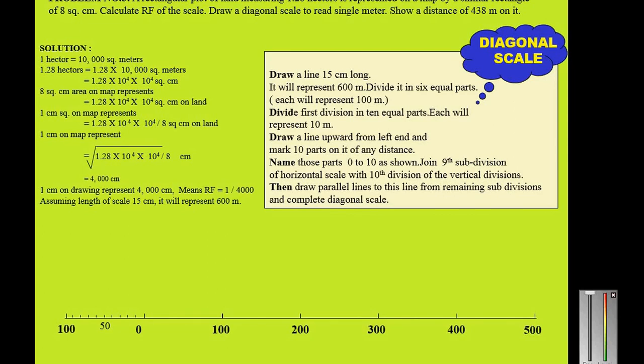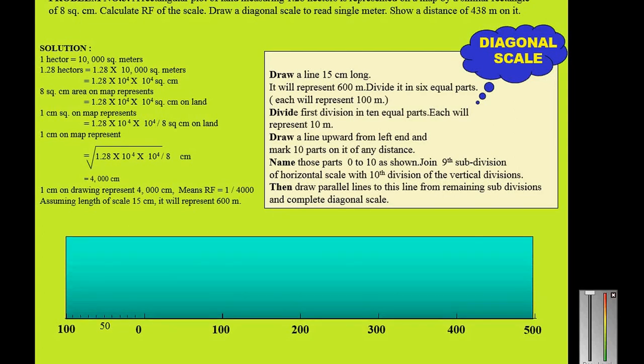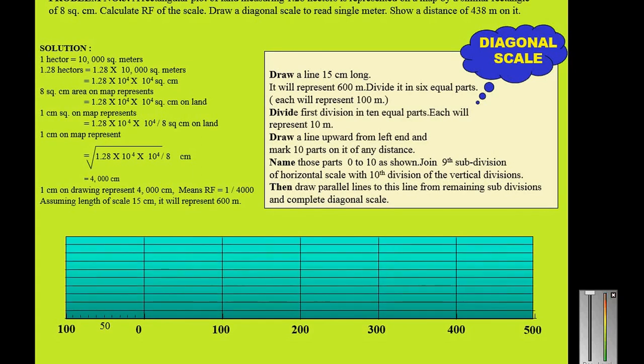And divide the first division into 10 equal parts, and this is the upward height, and mark the divisions, and divide the left hand side and draw parallel lines as shown in the figure, and divide the left hand division into 10 equal parts, and join the 9th division and the top left diagonal point, the 10th point as shown in the figure, and draw parallel lines from the other points as shown in the figure.